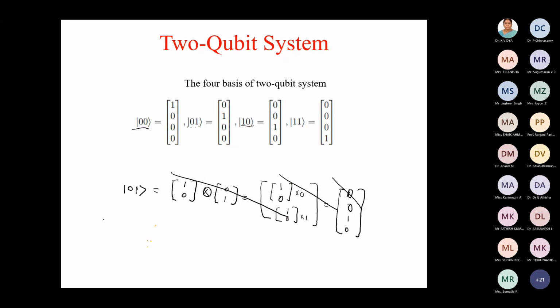So let's come here. What I'm saying is that if I do this kind of multiplication, suppose I have these 2 basis states of single qubits, 0 and 1. If I want to write them as a tensor product, I will do it like this. Can anyone tell me what will be the tensor product of 1, 0 and 0, 1?